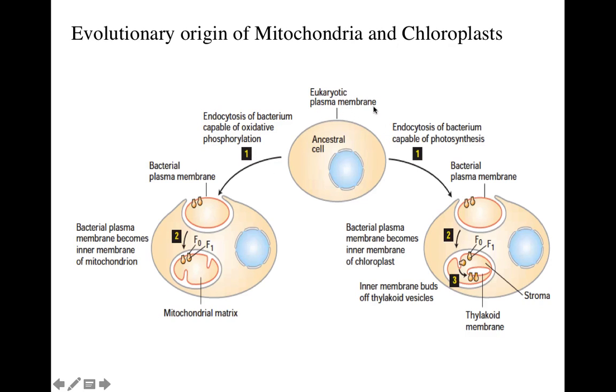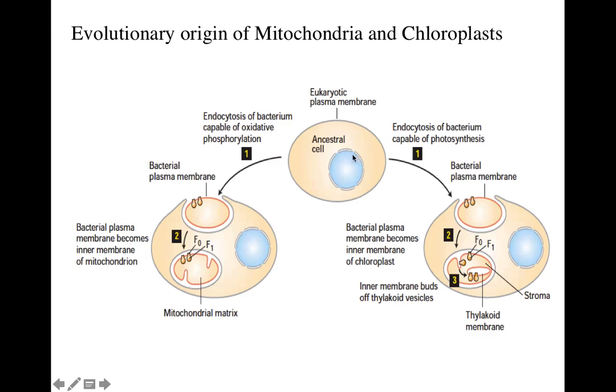A eukaryotic cell, which was an ancestral cell, existed together with some bacteria which were capable of oxidative phosphorylation, and some other bacteria which were capable of photosynthesis.